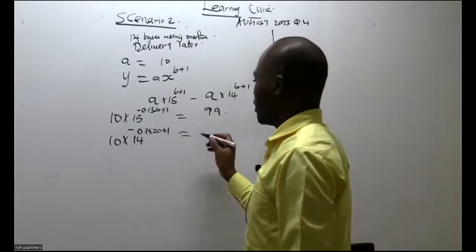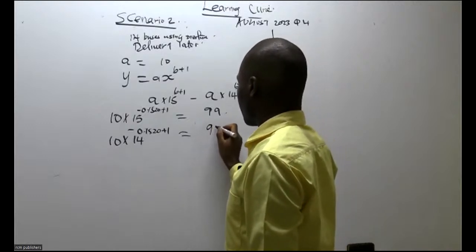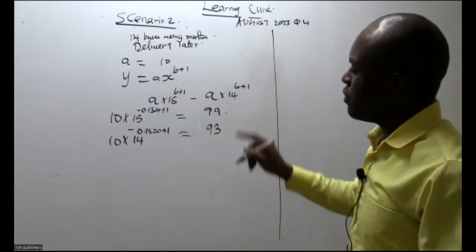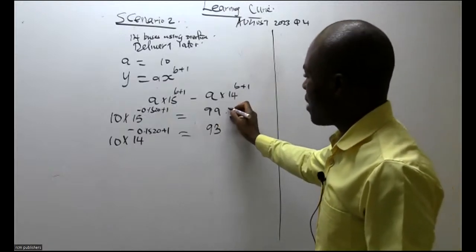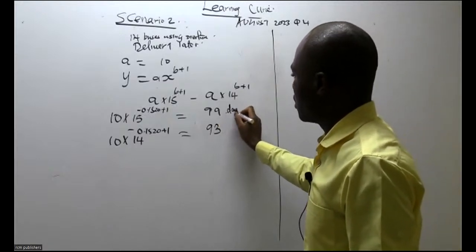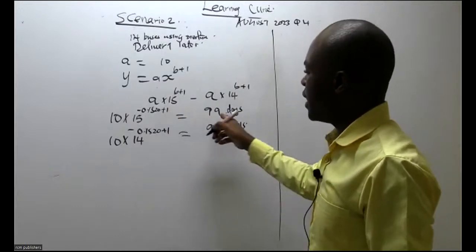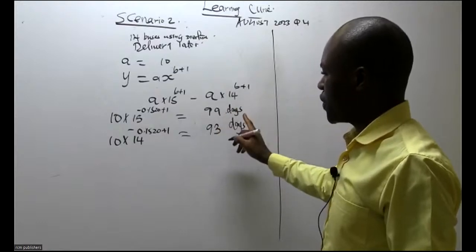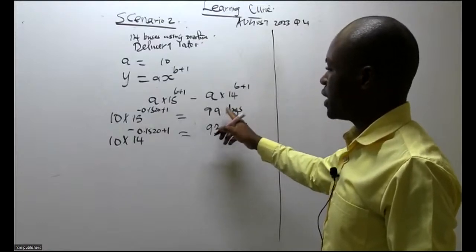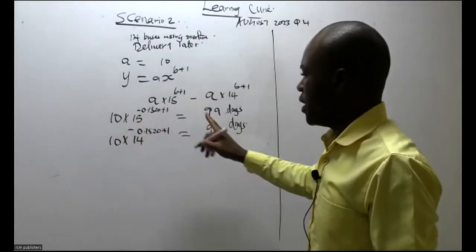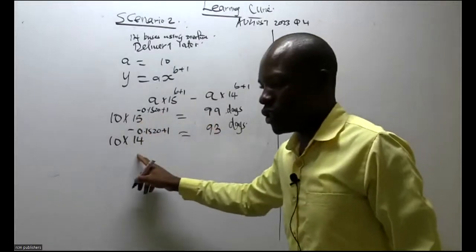Good. It is 93. Now, this is the question. You've taken 99 days to produce 15 buses. You are taking 93 days to produce 14 buses.